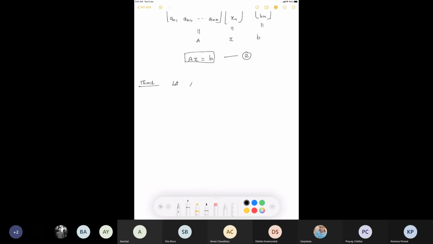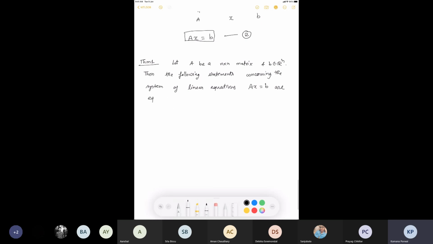So let A be an n by n matrix and b be in Rn. Then the following statements concerning the system of linear equations Ax equals b are equivalent.